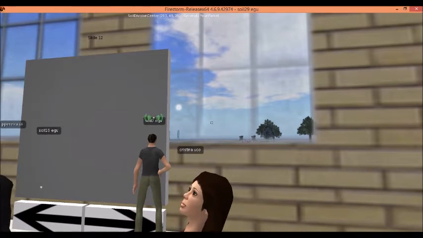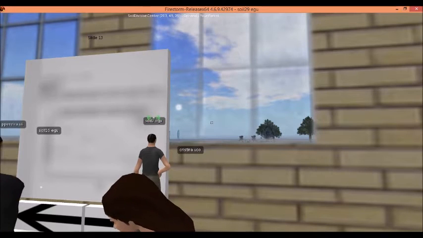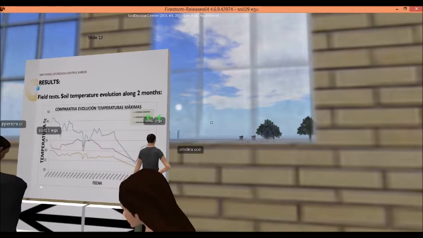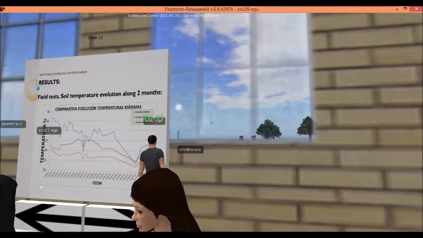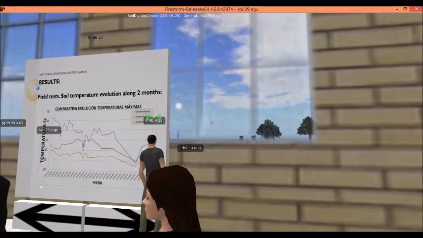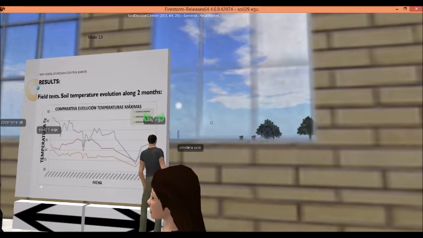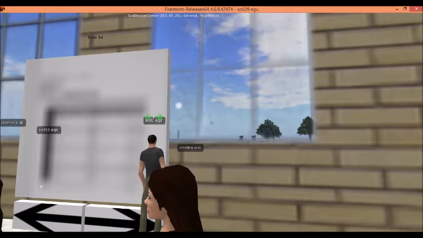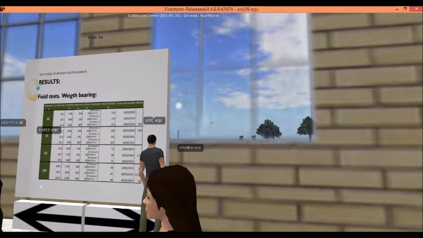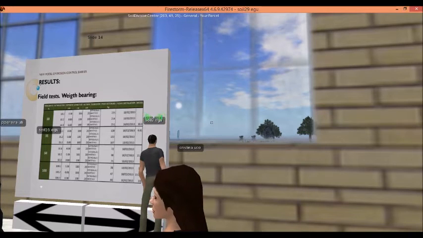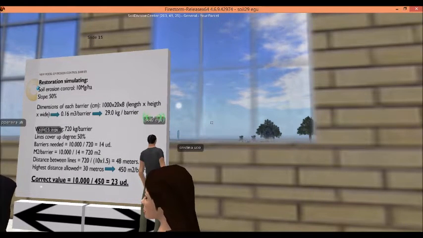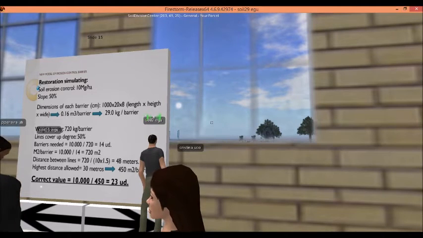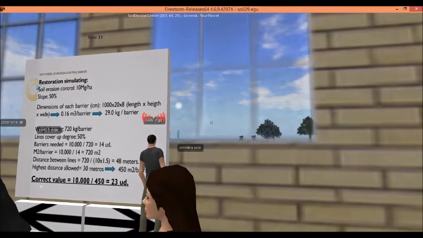You can see 3 or 4 graphic samples like this: soil temperature evolution among 2 months, using the barrier or not. You can see the weight bearing too, and finally you can find restoration simulations.